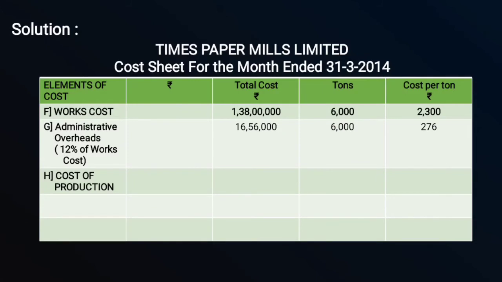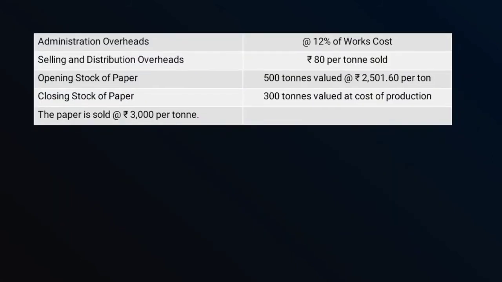Part H, cost of production. So the total cost of production will be rupees 1 crore 54 lakh 56,000, 6,000 tons, and cost per ton will be rupees 2,576. Next, opening stock of paper, that is finished goods, is given as 500 tons valued at the rate of rupees 2,501.60 per ton.